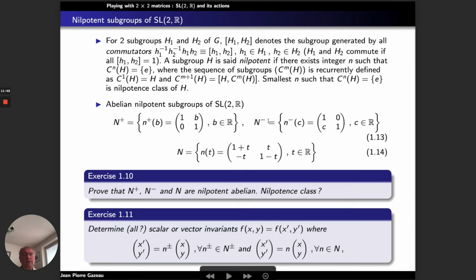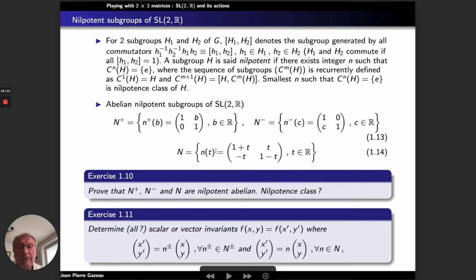N minus, on the contrary, is made of elements where you have 0 for the upper element on the anti-diagonal and C belonging to R on the lower part of the anti-diagonal. Now you have also another nilpotent subgroup.